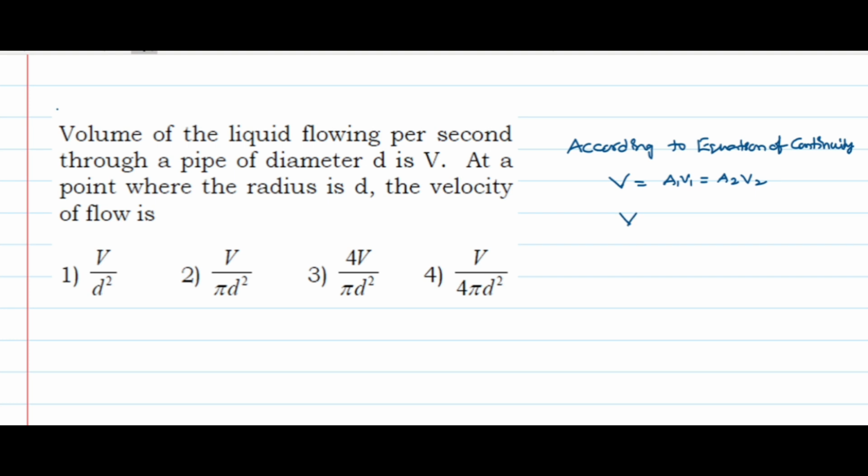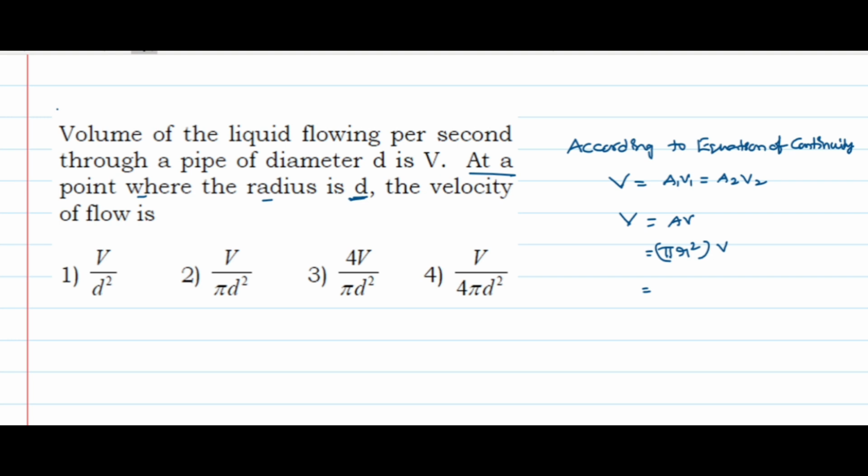So V equal to A into v at a given point, that is pi r square into velocity v. At a point where the radius is d, there we can calculate the velocity of the flow.